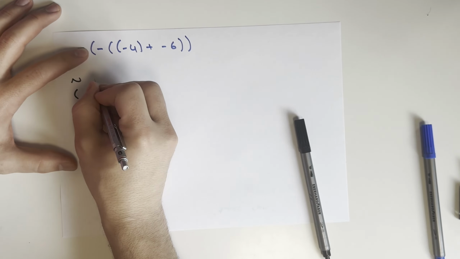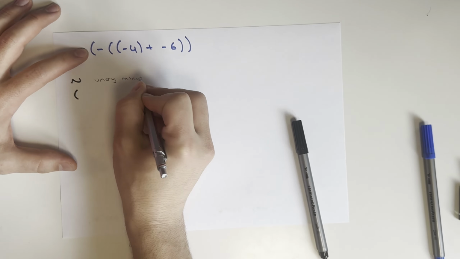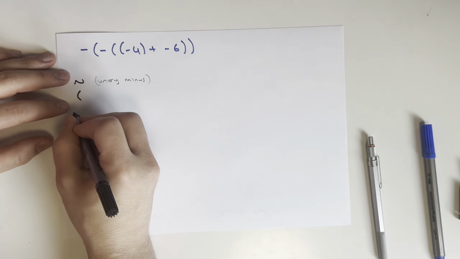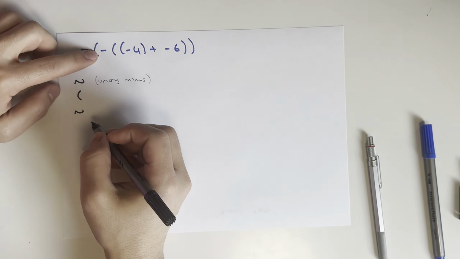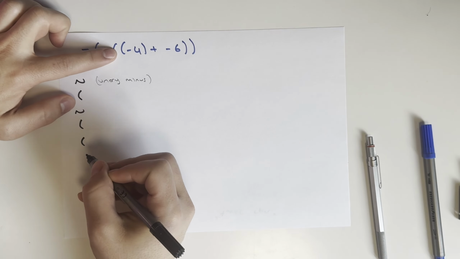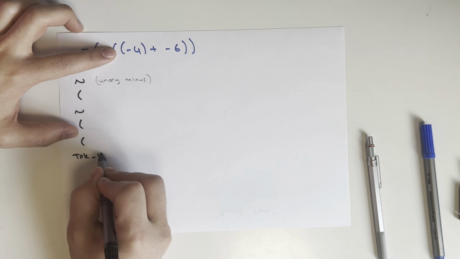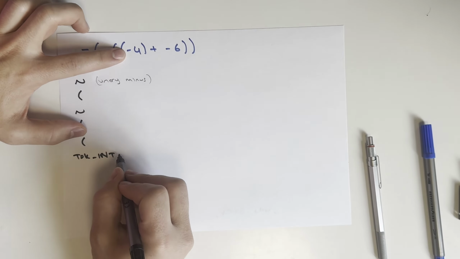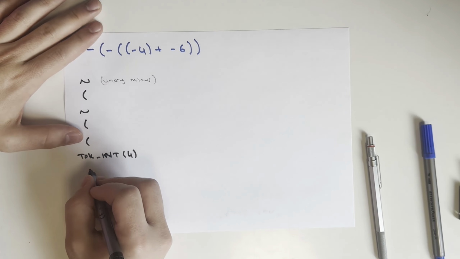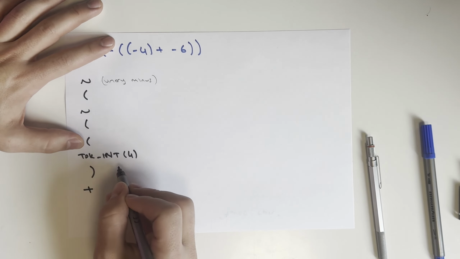Actually, let me say it here. Unary minus. We have left parenthesis. We have another unary minus. We have another left parenthesis. Another left parenthesis. We have our token integer 4. Now we have the right parenthesis. We have the plus sign.